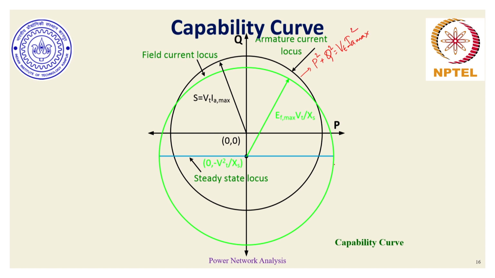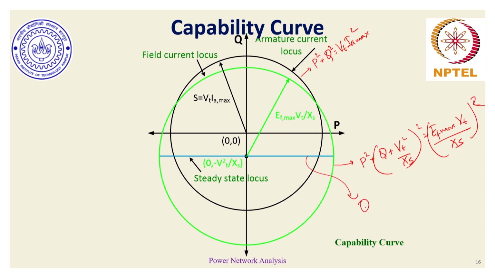The green color equation was P square plus Q plus Vt square by Xs whole square is equal to Ef max Vt by Xs square, and the blue color line equation is Q is equal to minus Vt square by Xs.